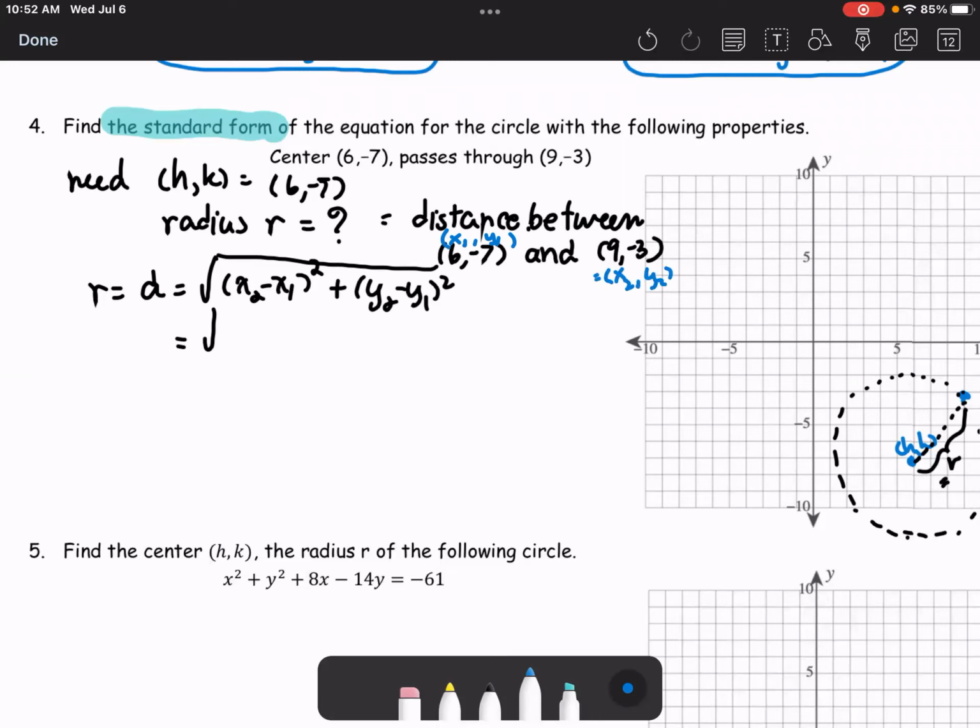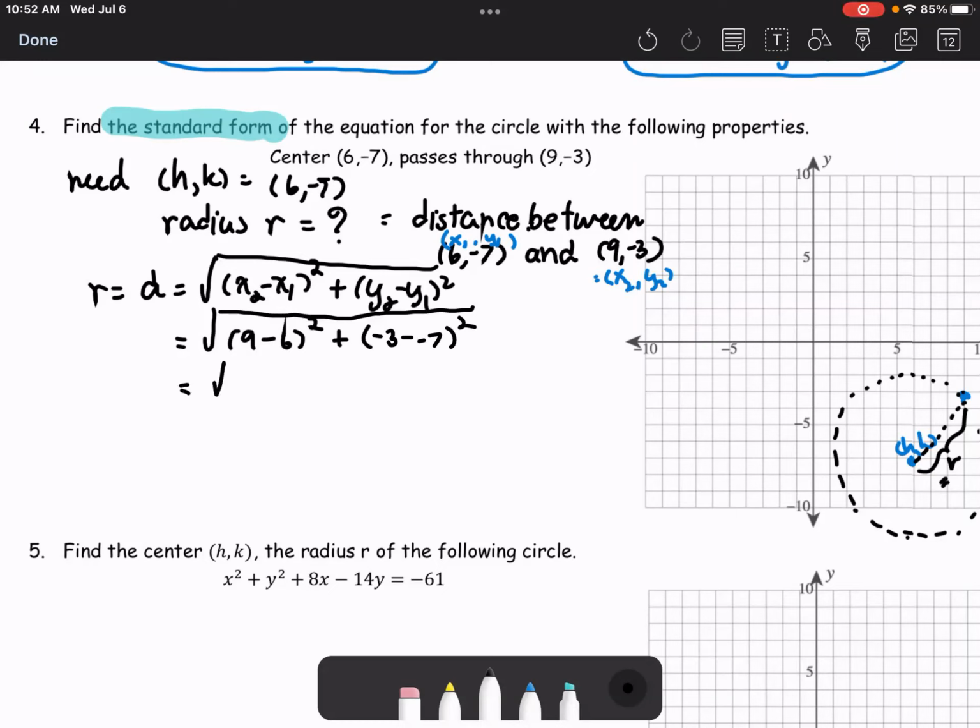Let's name the center as x1, y1, and the point on the circle as x2, y2. And then replace the numbers in the formula to find the distance or the radius. X2, which is 9, minus x1, which is 6, squared, plus y2, which is negative 3, minus y1, which is negative 7, squared. And then simplify the numbers.